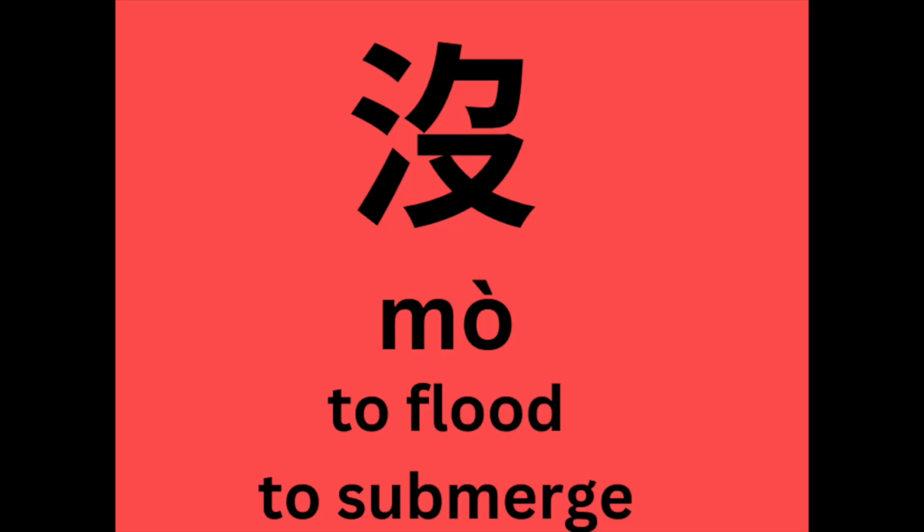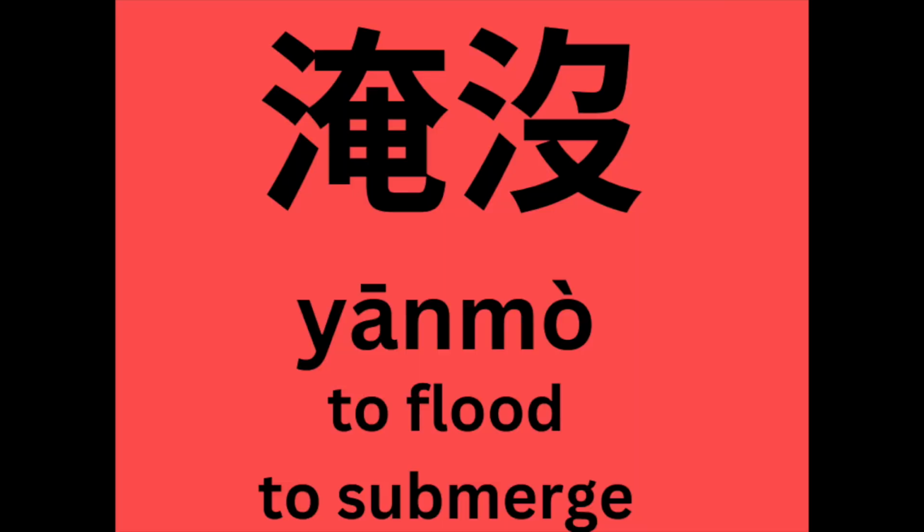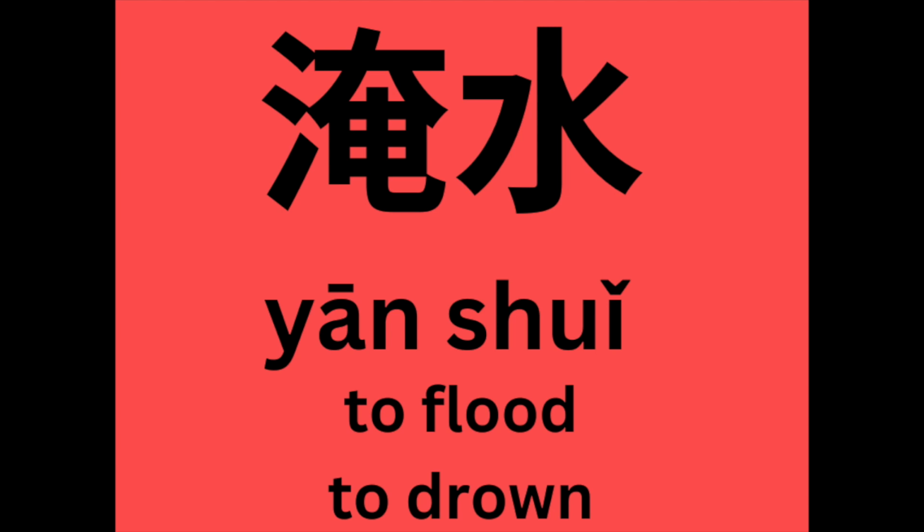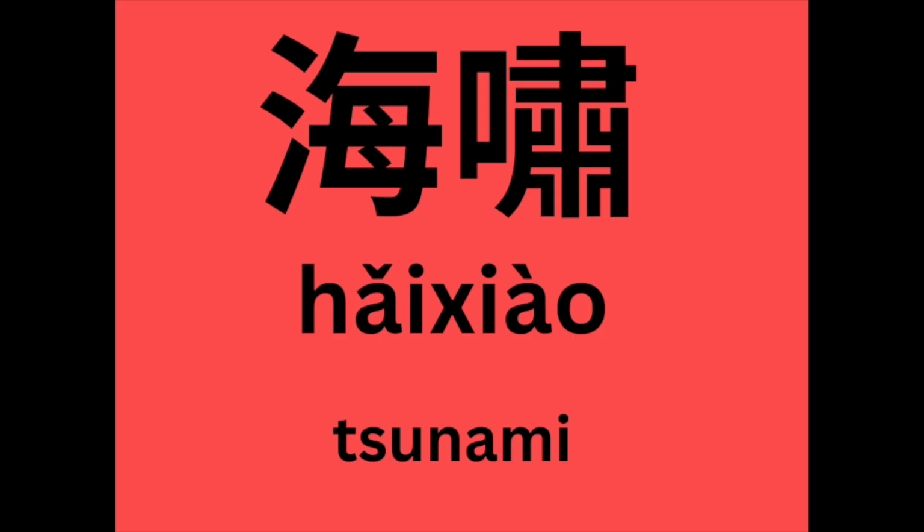But actually, some characters have another pronunciation. 没 can also be pronounced as mò, which means to flood or to submerge. 淹没. 淹水 also means to flood. For instance, when there's a tsunami, if houses are flooded, use the word 淹水.